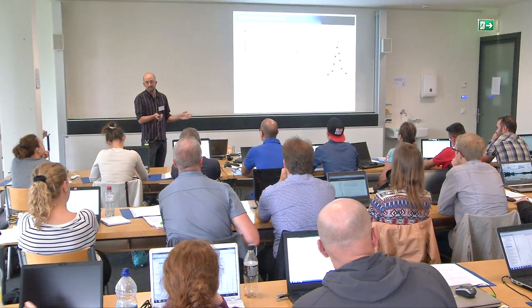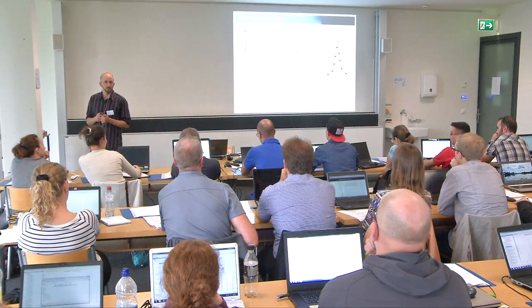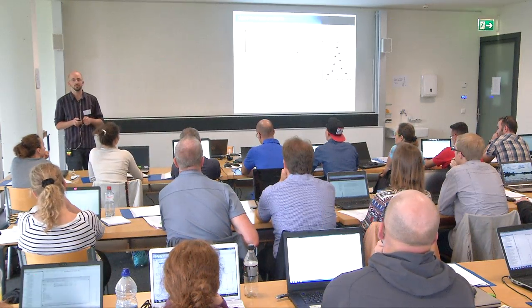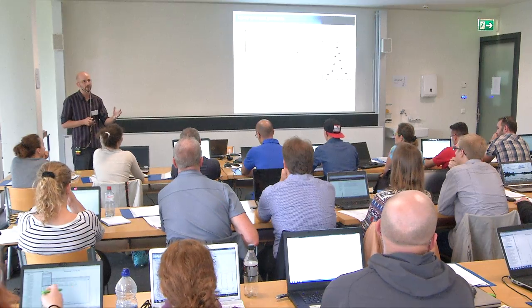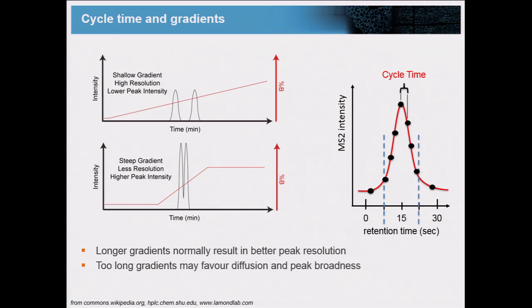So, per se, nothing will happen to the cycle time. The cycle time is a parameter that is set by us. But when we change the gradient, we need to think in advance when we set our method, what's the cycle time that's going to be suitable for our gradient. If we take a very long gradient and make it very short without adjusting any of the parameters, we're going to reduce the resolution, and here I'm talking about the peak resolution, so chromatographic resolution.